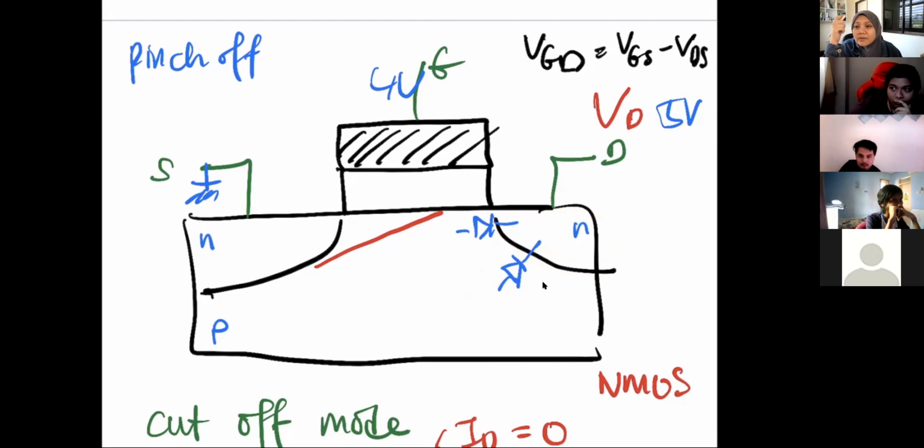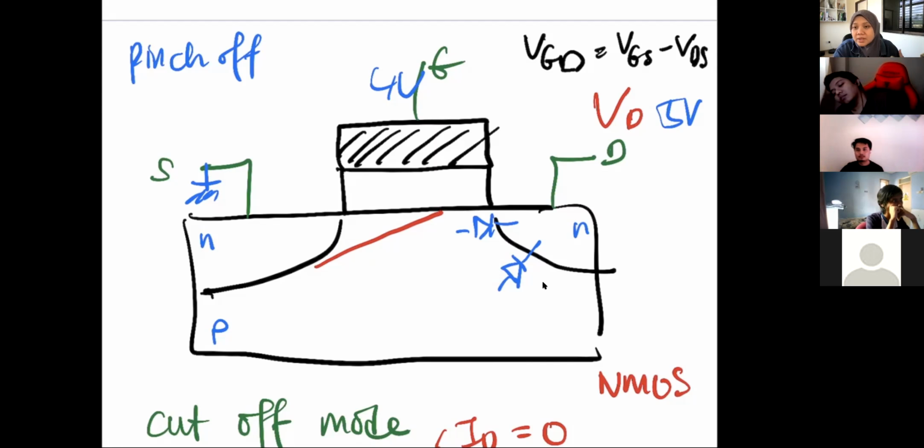Do you have any free carriers in the depletion region, Nick? No. Okay, great. No, you cannot have. The name itself, depletion region, is depleted of any free carriers. In the end, there are only ionized atoms.